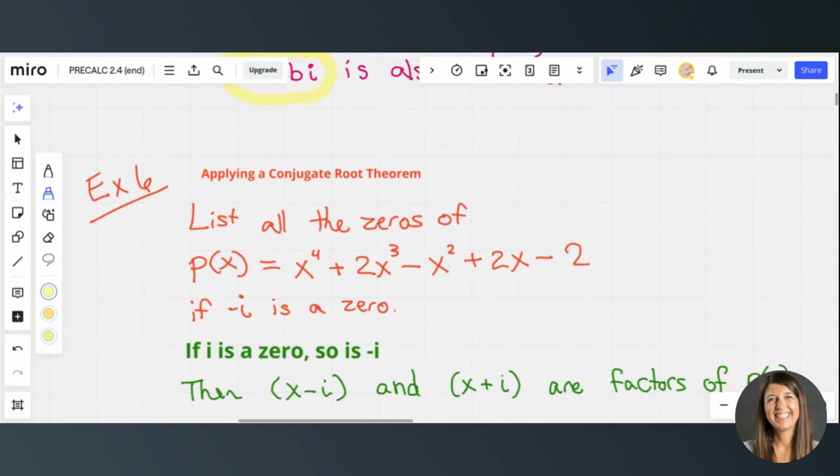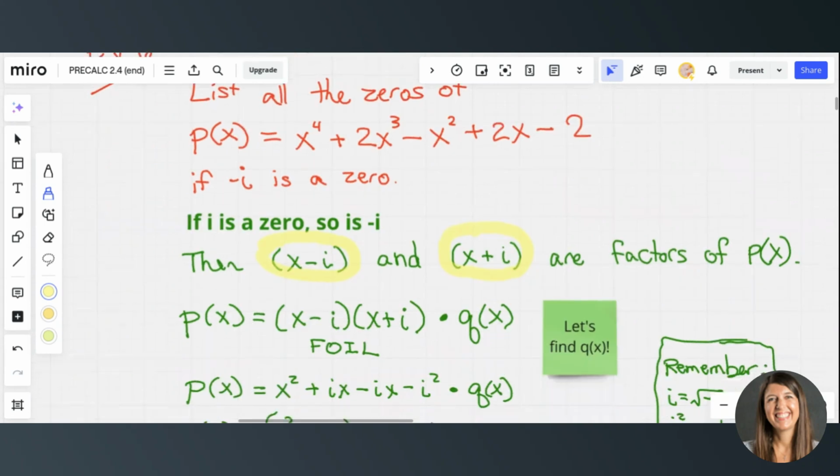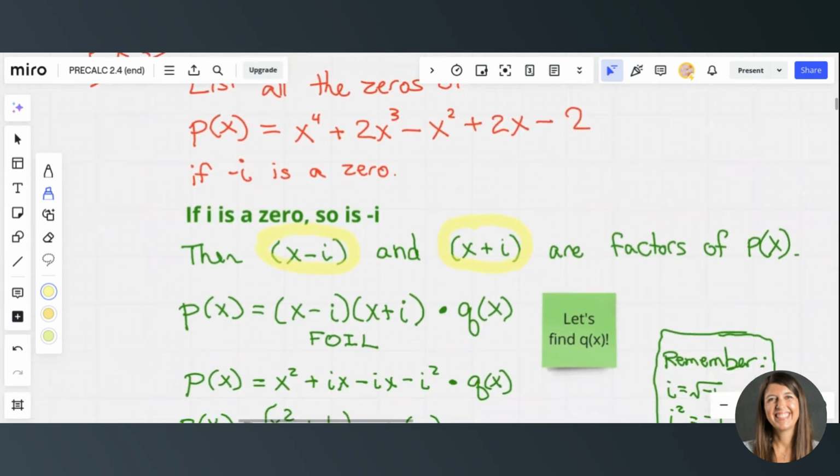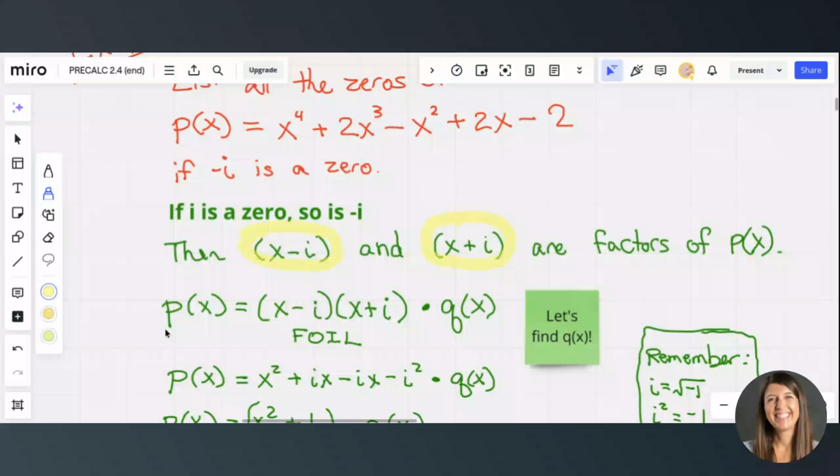All right, if I and negative I are zeros, then x minus I and x plus I are factors of p of x, okay? So we know over here in this line, p of x equals x minus I times x plus I times some other polynomial that I don't know, but it's going to have a smaller degree than 4, right?